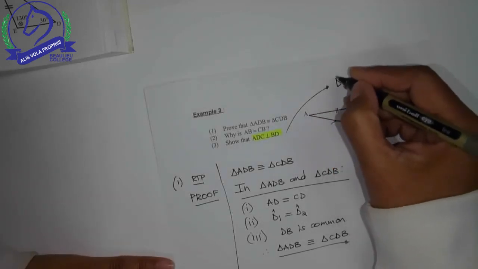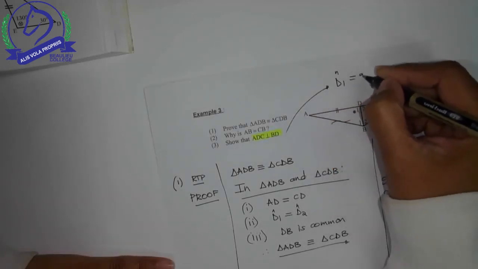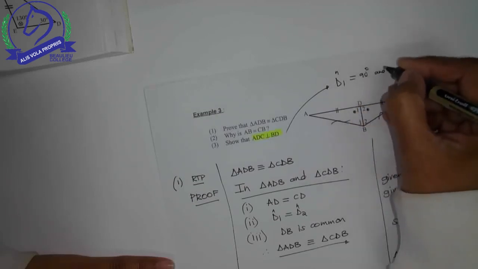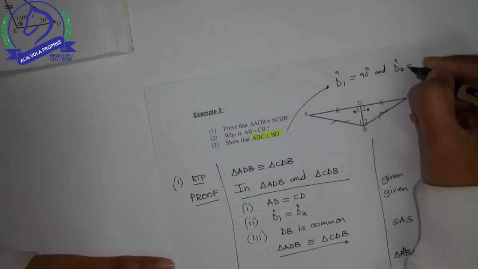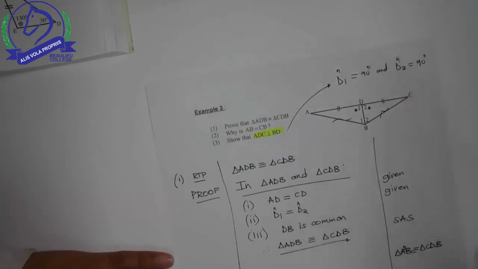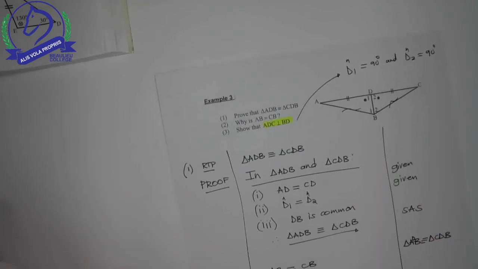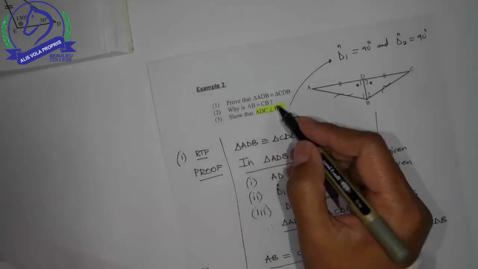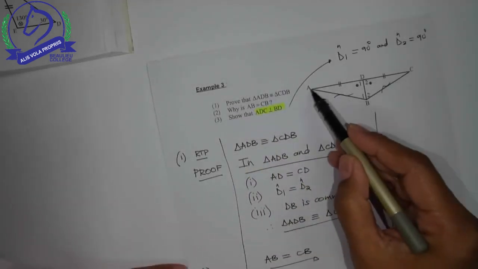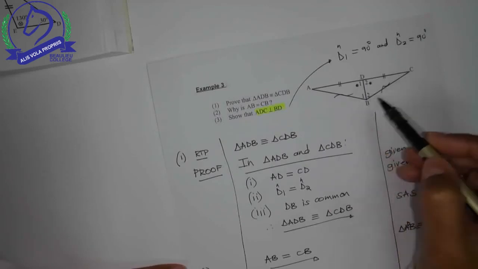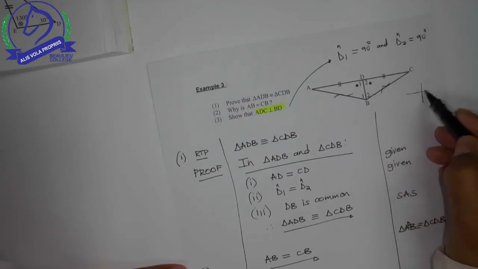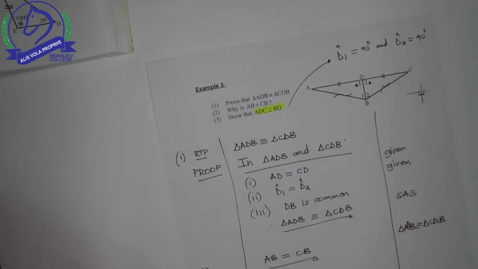So you have to show that D1 is equal to 90 and obviously D2 because D1 is equal to D2. Now how would you show that D1 and D2 are 90 degrees each? Let's think about it. Remember, perpendicular, you always follow the question. We are trying to show that this intersection here must be 90 degrees. And you can only do that by showing that D1 is 90 and D2 is 90.